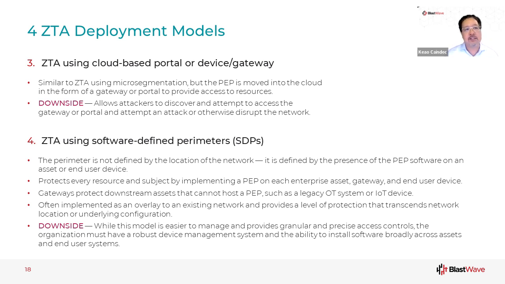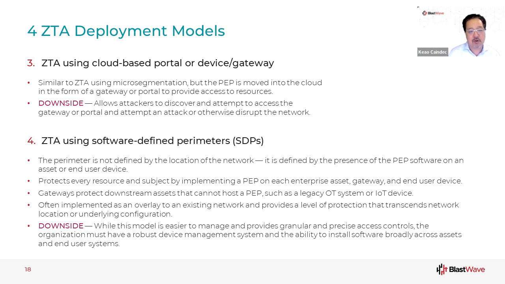Yeah. The third ZTA deployment model is a cloud-based portal or device gateway. And we talked about that before, which is simply moving a lot of that security into the cloud, moving the PEP into the cloud. So this might be very much of a SASE model of having a cloud-based gateway and users connect into it, and that's controlling access to your resources. The problem is, as Tom went through, there are performance issues.